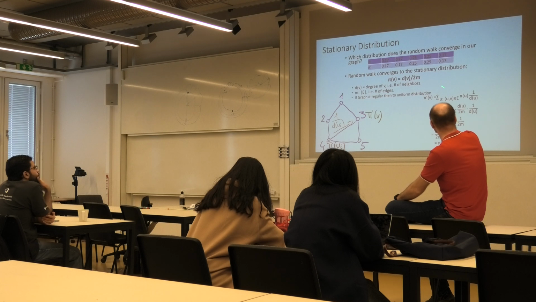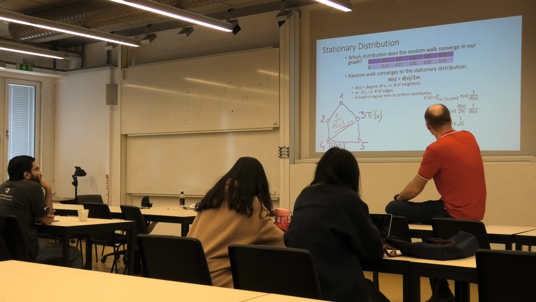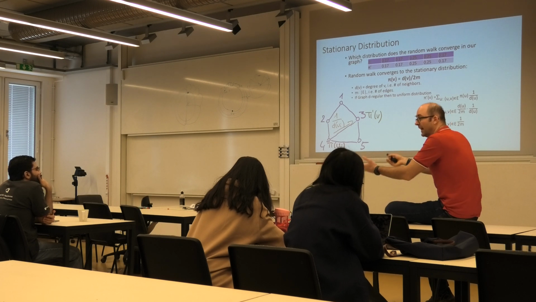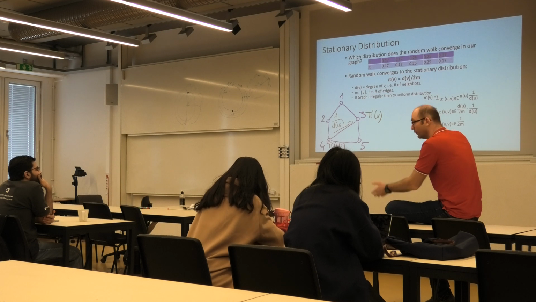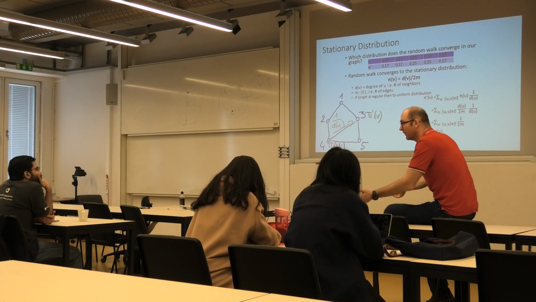If we plug it in, suddenly we can see that the degrees disappear, and we just have to sum up over all neighbors 1 over 2m. So how many times do we sum? As many times as we had neighbors. And that means we sum up d of v.